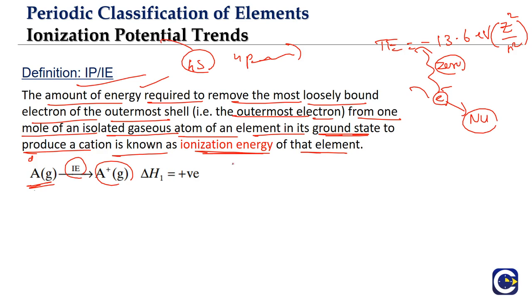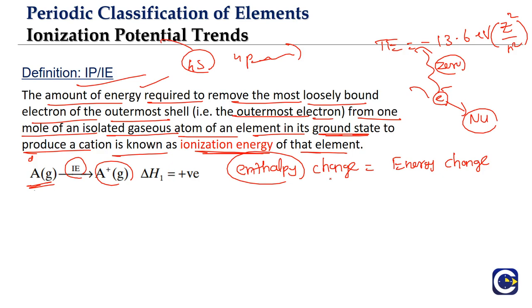Now I said the word ionization enthalpy. You will be learning this in the thermodynamics chapter also. Enthalpy change means the energy change involved in any particular process. This is sufficient for us here.